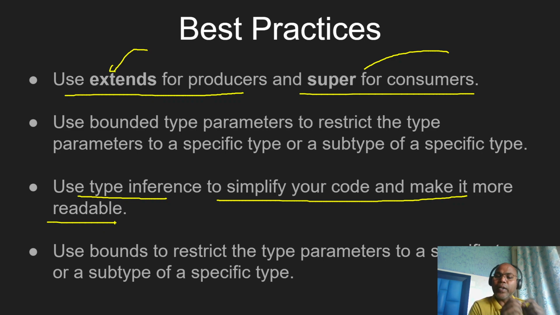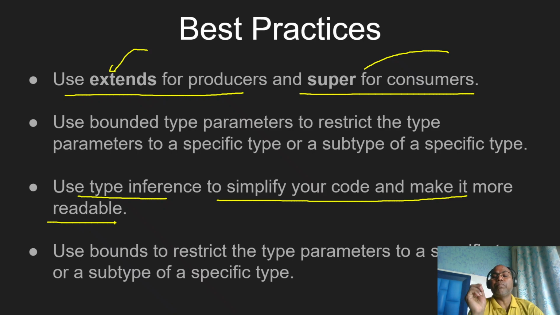If a developer reading the code asks, which type is the value here, this is the producer, this is the consumer, they are returning a value, they are consuming a value. But if we specify extends and super, our code becomes more readable, even when we are using type inference. Just write more readable code.